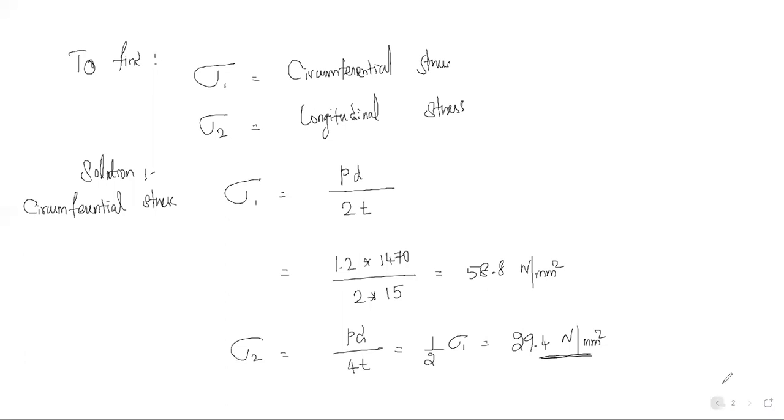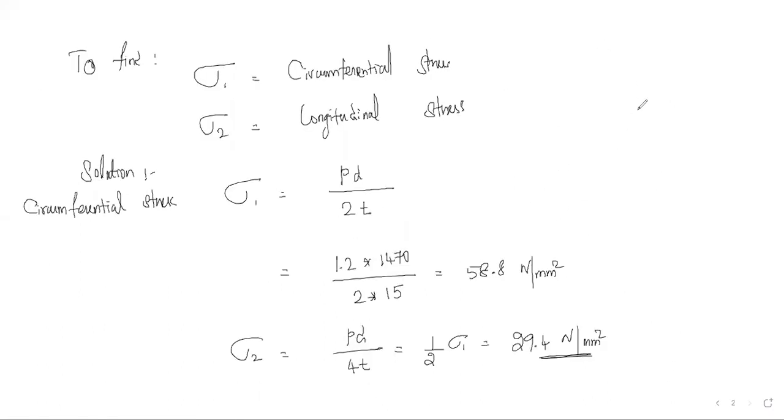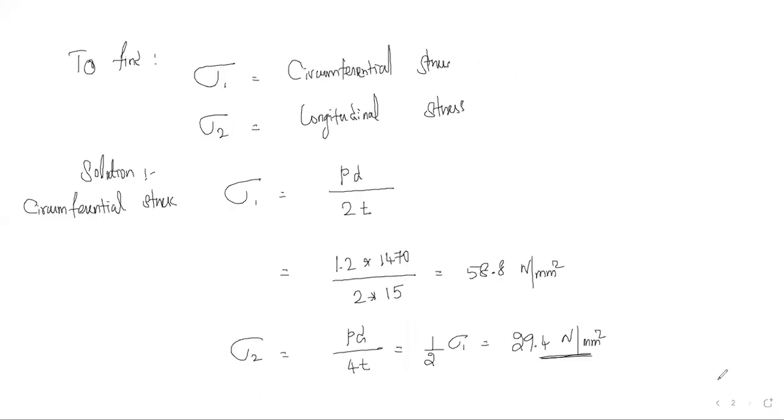And one more thing I mentioned: the cylindrical pipe of diameter they mentioned, so directly we can take this as the small d value. Even though, if I consider like that, then the value will change. The value will be p, 1.2 into 1500 divided by 2 into thickness 15.